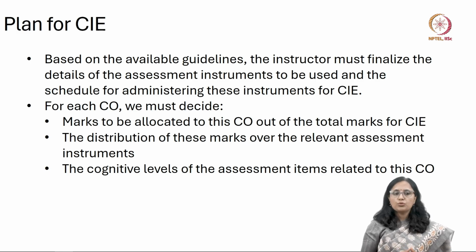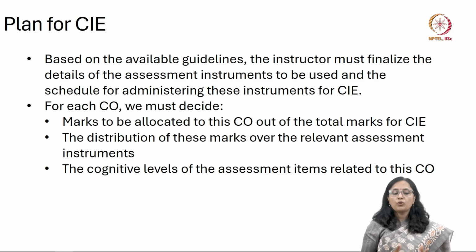And for each course outcome, we must decide the marks to be allocated to this course outcome out of the total marks for CIE. That we have already done. Similarly, the distribution of these marks over the relevant assessment instruments, since it might happen that we have more than one assessment instrument.